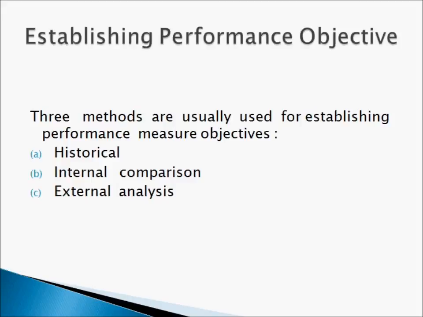Now internally derived goals or objectives, as well as internal comparison. The approach of internal comparison involves comparison between the departments or business units within a single firm. The best internal performance level acts as the ideal level for the various performance objectives.